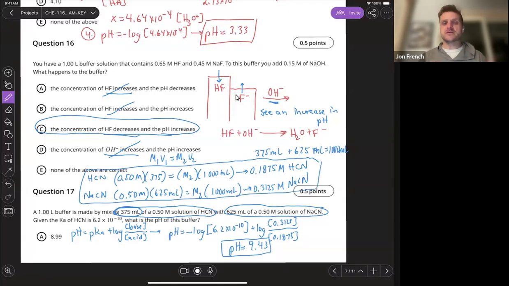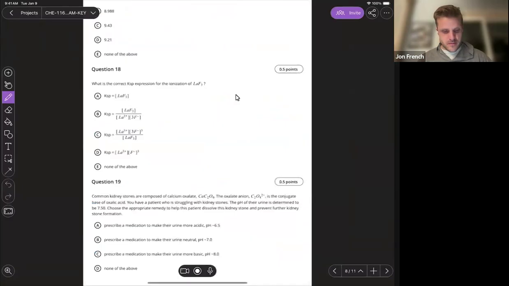You may have to find the concentration in another question, but in terms of a buffer question, it would be more of just the second half. What is the pH when I have this concentration of an acid, this concentration of my conjugate base? All right, so that should have been C, I think.